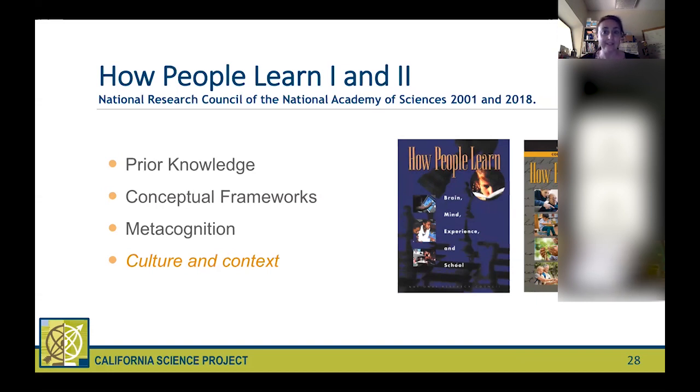So after 17 years of research, we are confirming that in order for students to learn best, we need to provide them with strategies to retrieve their prior knowledge, help them develop their conceptual framework, and allow them metacognition. If you go to page 4 of your handout, you are going to see the summary of these 3 key ideas that come from How People Learn, Book 1.